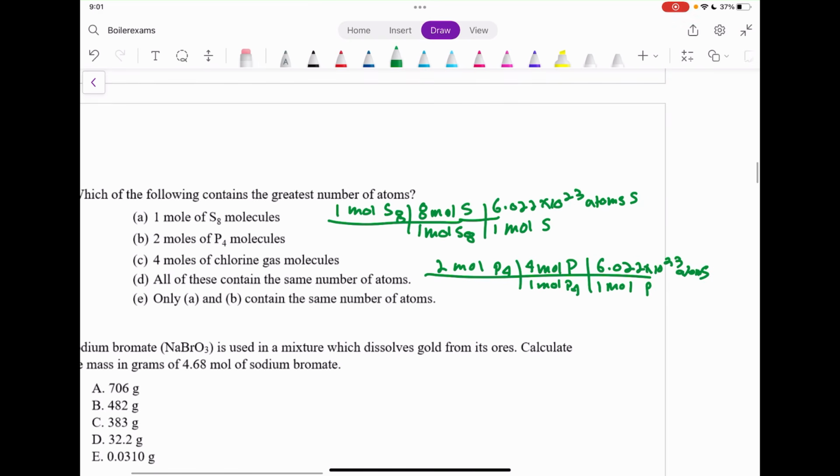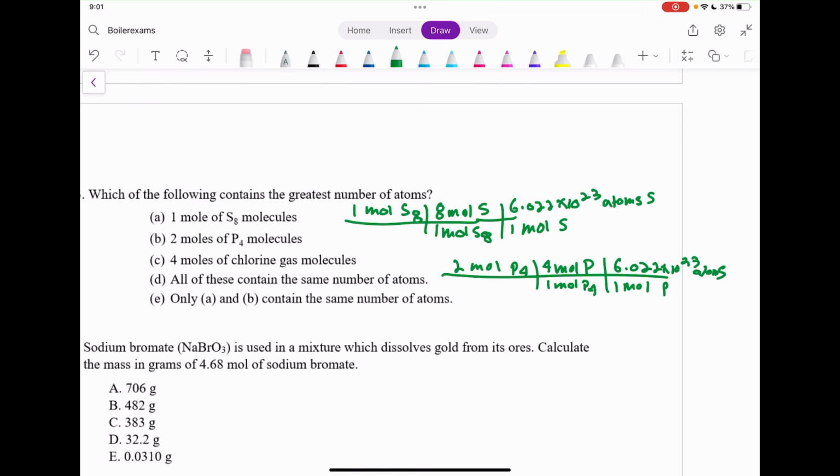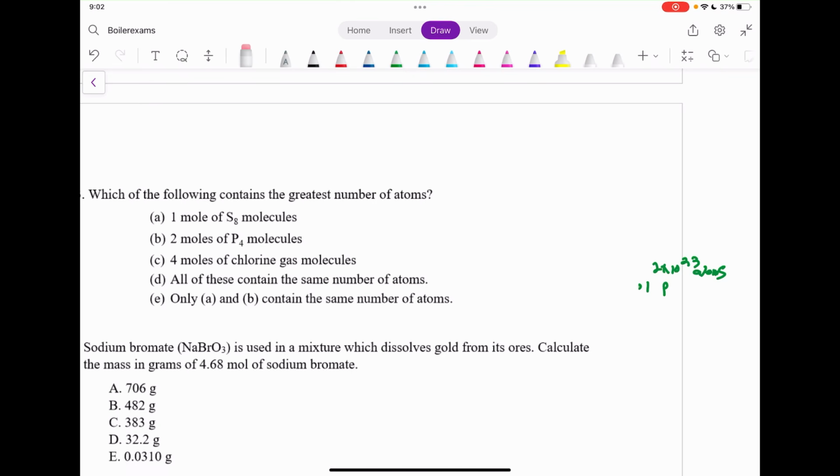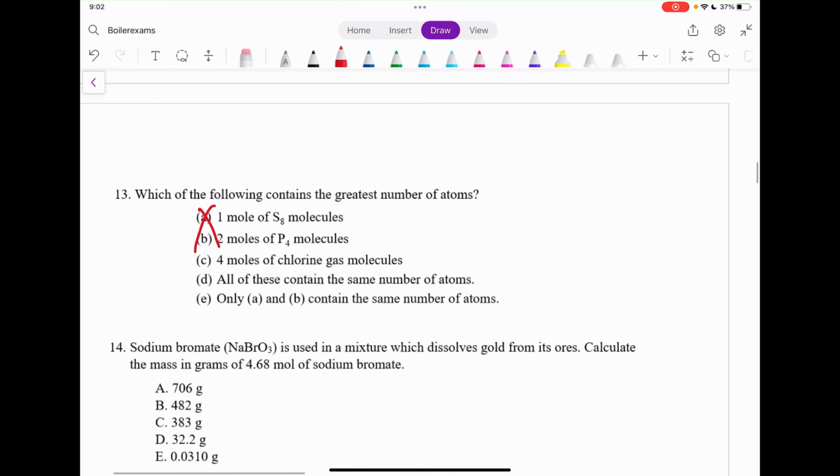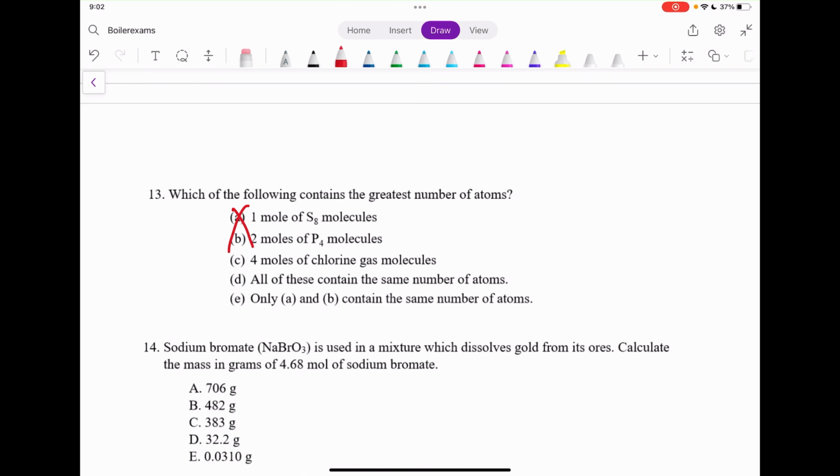So we look at these two, they're actually the same. I'm not even going to put it in my calculator because obviously those two are the same. The Avogadros are the same. These two are just going to be 8, and that's 8. So it's essentially 8 times Avogadro's number. So A and B have the same number of atoms. So it's not either of those two because they asked for the greatest.